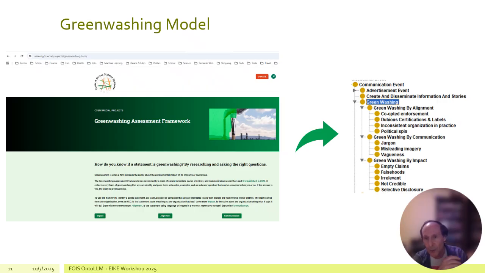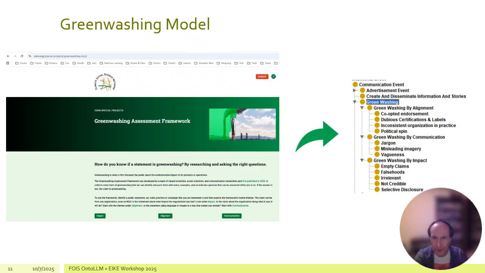Each one of those is a subtype of greenwashing. And if you click on any one of those buttons, then you'll go to another page that has more subtypes of that particular type of greenwashing. So this was really straightforward because it mapped really cleanly to just a class hierarchy.